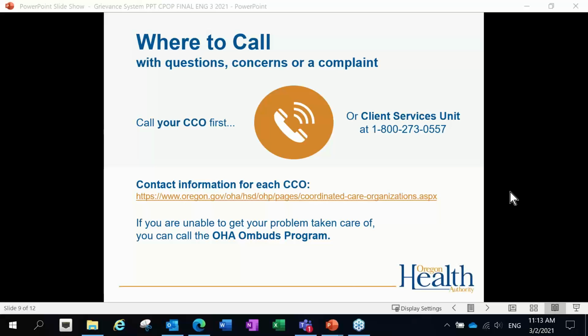The link on this slide will show you the list of all the CCOs and their individual contact information. If you need assistance with a question or concern or to file a complaint, you can also call the Client Services Unit at 1-800-273-0557, because they can direct you to the right CCO.